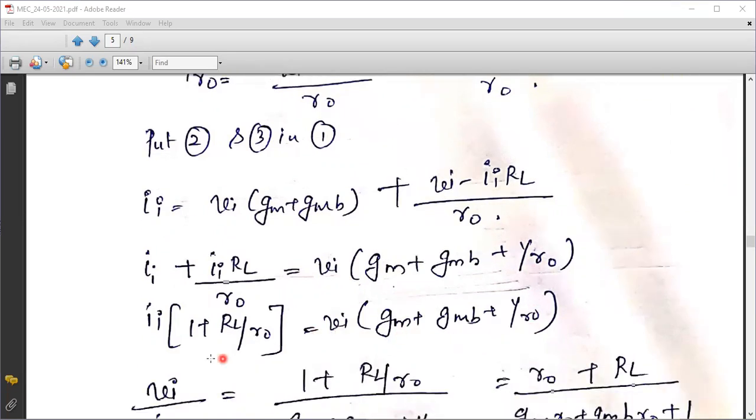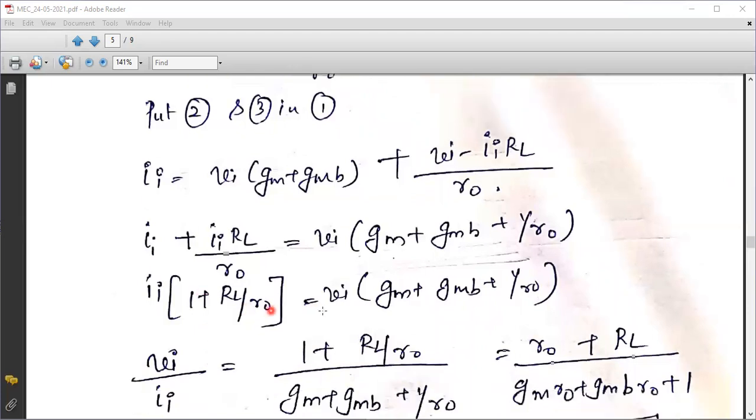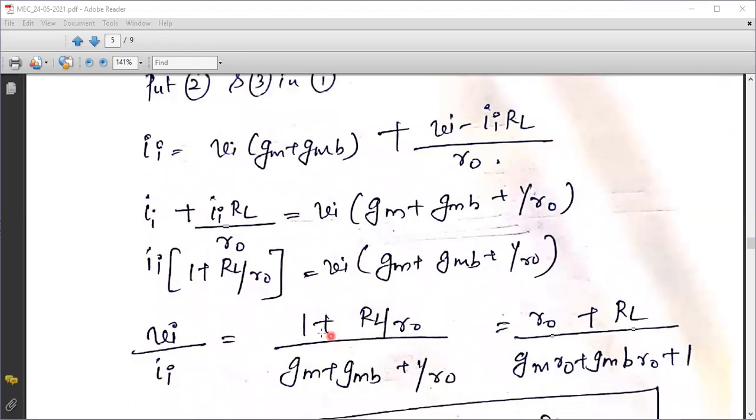Now find the ratio Vi by Ia. Vi by Ia will become 1 plus RL by R0 divided by Gm plus GMB plus 1 by R0. After that, you can simplify it by taking the LCM. So after taking LCM, we get R0 plus RL whole divided by R0, over Gm R0 plus GMB R0 plus 1 whole divided by R0.